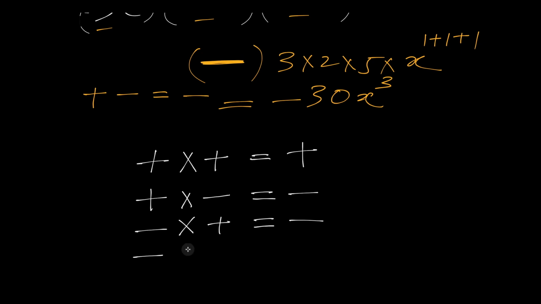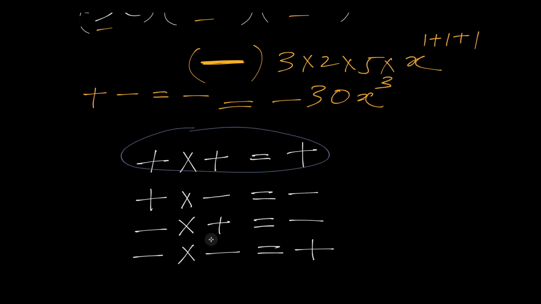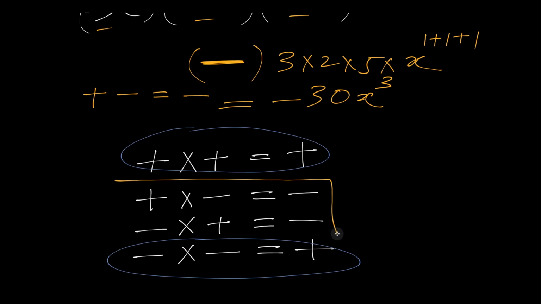But if you multiply a negative number with another negative number, always I'm going to get plus. So keep in mind these two things. Plus with plus, always plus; minus with minus, always plus. But if you multiply any positive number with a negative number, always you are going to get a negative result.